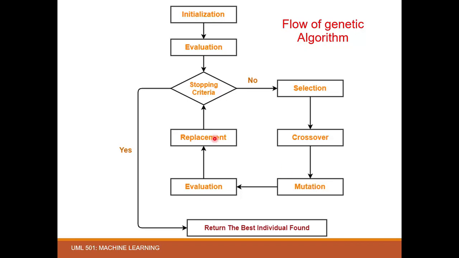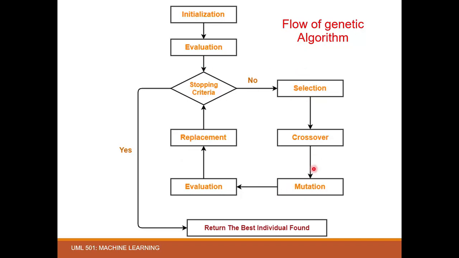If they have a fitness value more than their parent, only then can they replace the entries having the least fitness value in the population. Then the stopping criteria is checked again. If the condition has been reached, you stop the algorithm; otherwise you continue with the same procedure, iterating through selection, crossover, mutation, evaluation, and placement.